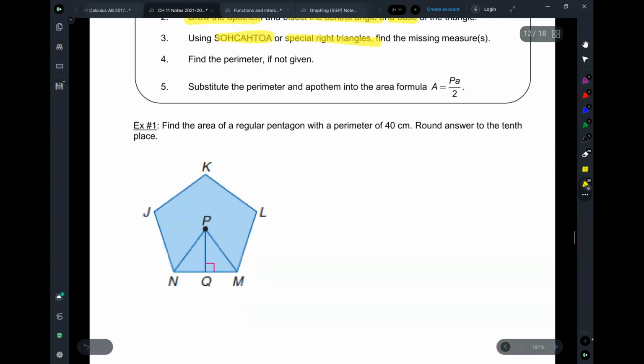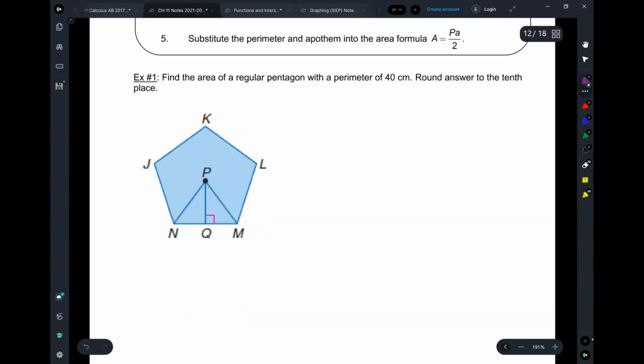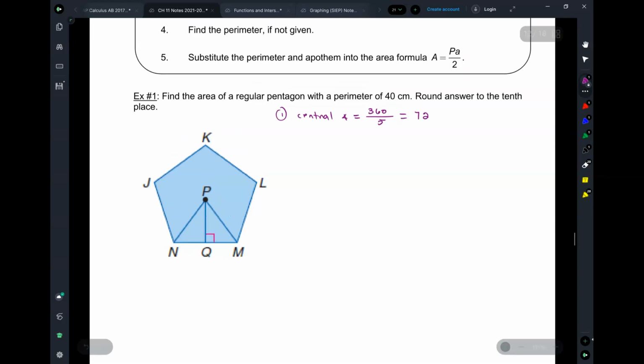So let's do one. Okay. Oh, this is exciting. I love this stuff. Okay. So I need to find the area of this regular pentagon. Okay. So number one, the central angle is 360 divided by the number of sides, 5, which is 72. Okay? Next, we're going to draw the apothem, right?